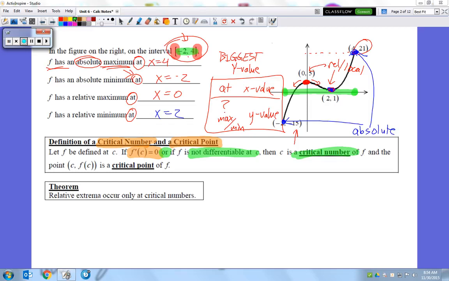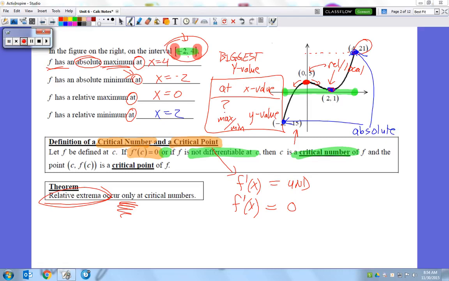So when I can take the derivative and it's equal to 0, or when the derivative is undefined. So critical numbers is when f prime of c or f prime of x is equal to undefined, or, so it's both of these, when the derivative is equal to 0. So relative extrema occur only at critical numbers.